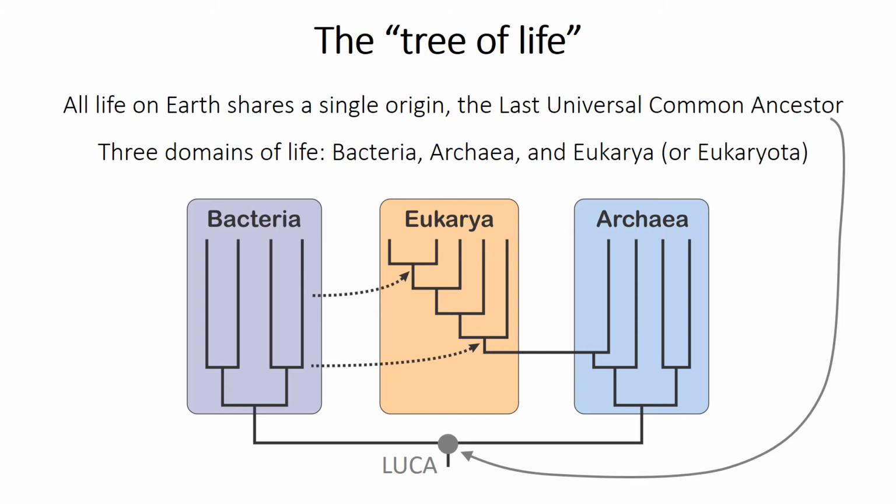Life is classified into 3 main domains: Bacteria, Archaea, sometimes called Archaebacteria, and Eukarya, or Eukaryota. You'll learn about the evolution of eukaryotes later on, but they basically evolved when an Archaea took on a bacterium as a partner. And eukaryotes like us have those bacterial partners still today.